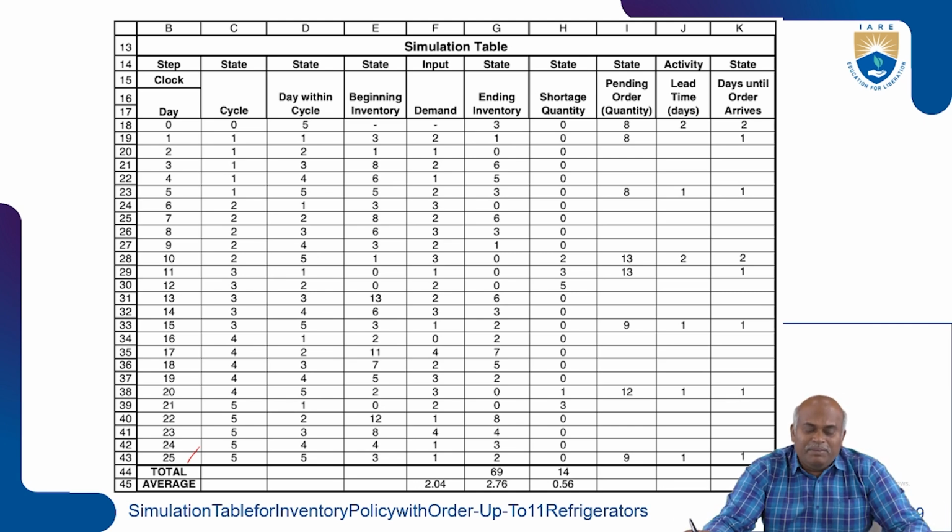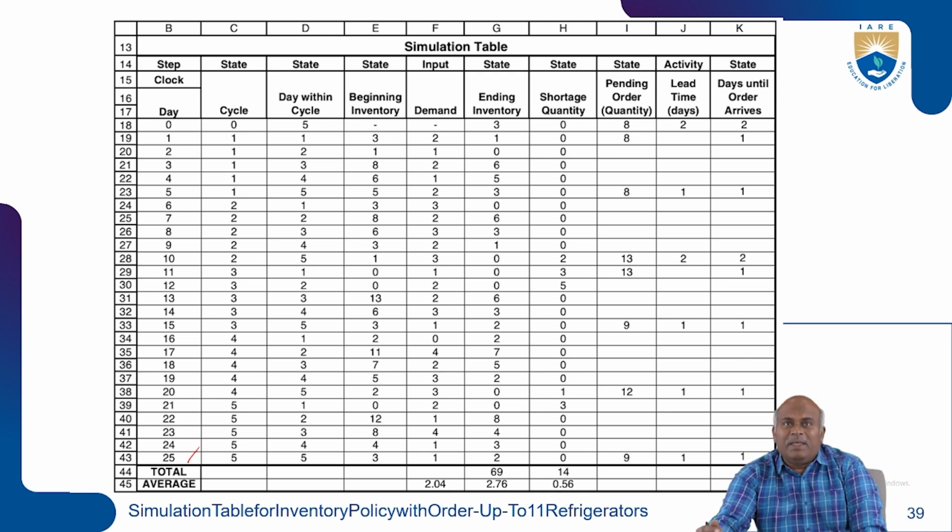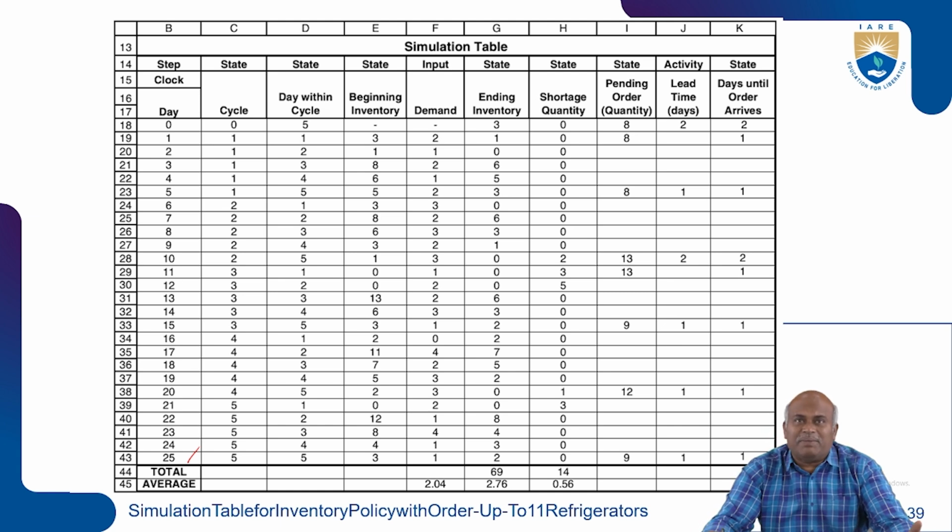Then regarding the inventory, on the first day there is no inventory set. After that it will be 3, 1, 8, and so on for the inventory cases. In this case, we need to measure the demand.